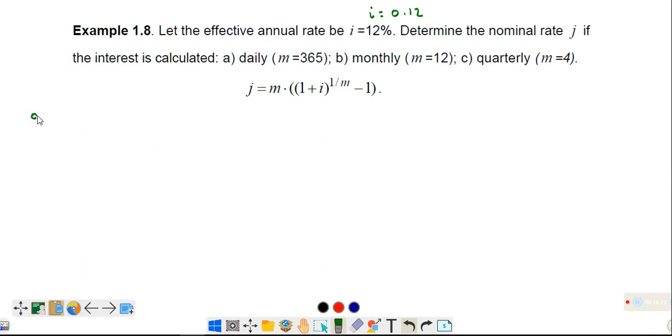Now, let's start with daily. Ang daily is M is equal to 365. So, solve tayo.